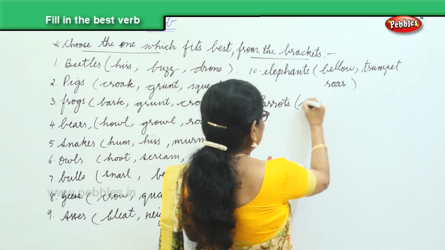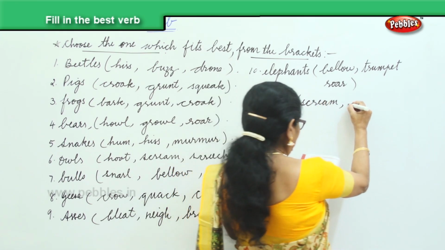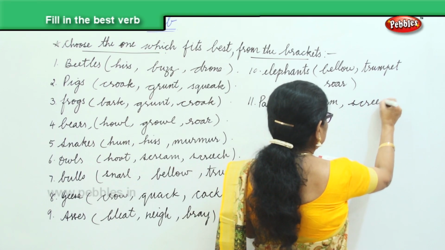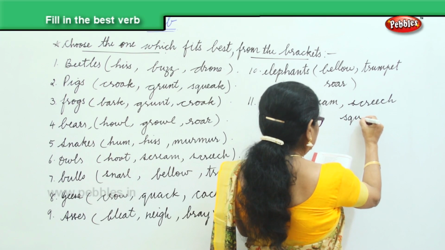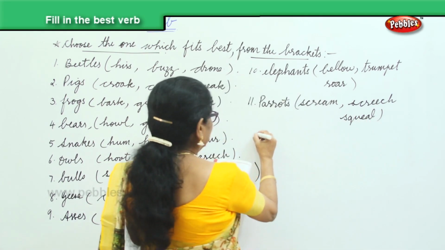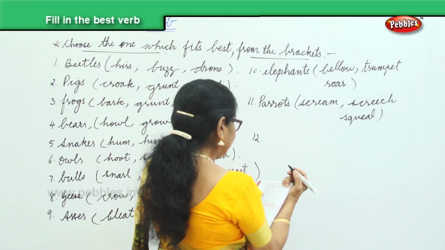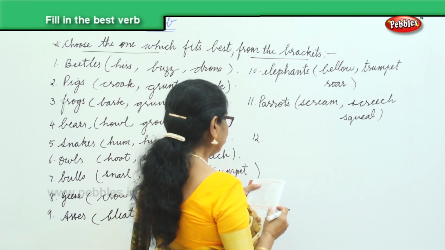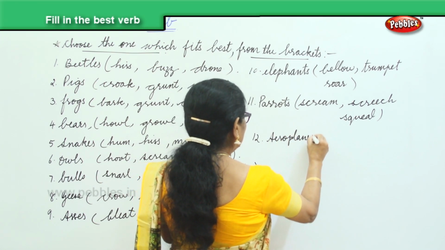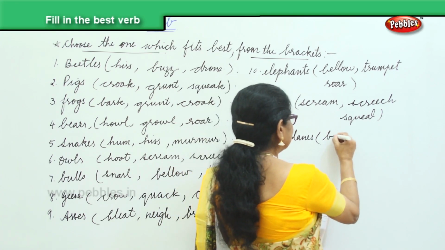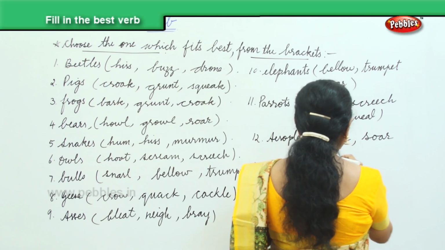Parrots scream, screech, and squeal. And then we have airplanes. What do the airplanes do? Buzz, soar, and zoom.